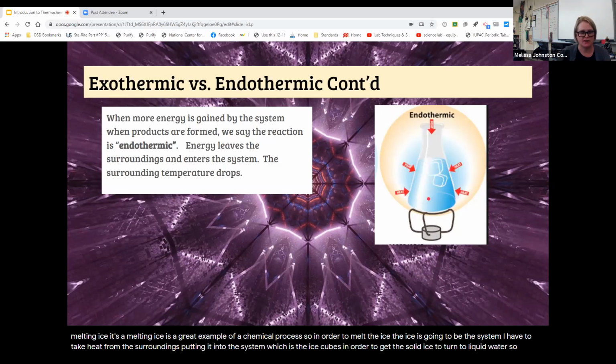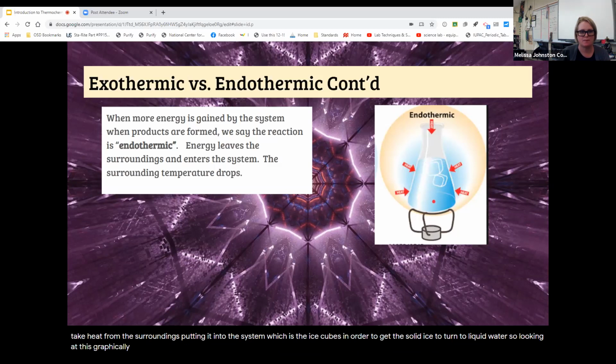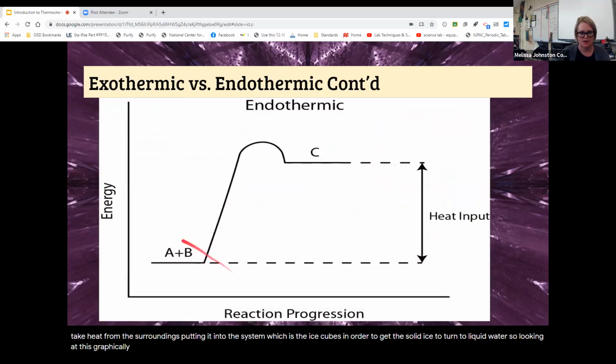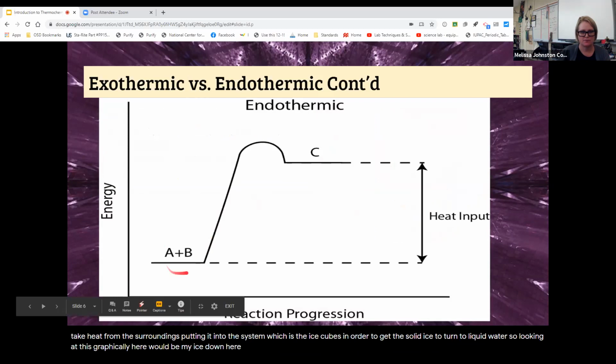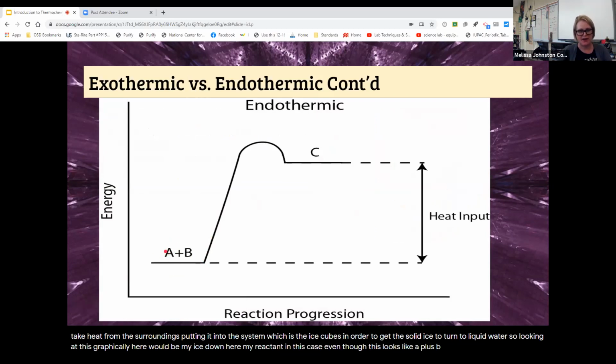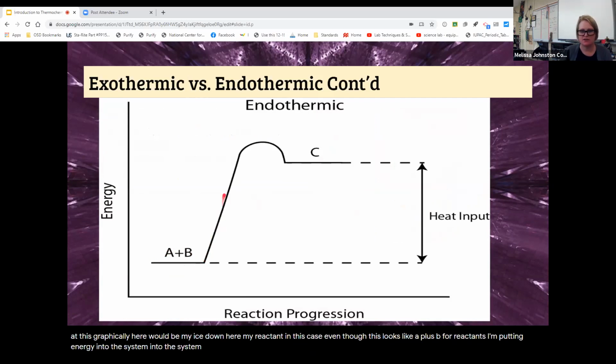So looking at this graphically, here would be my ice down here, my reactant in this case, even though this looks like A plus B for reactants. I'm putting energy into the system, into the system, until I get all of that ice to turn into water. And there's more energy in the products, or in the liquid water that's formed, than in the ice that I began with.